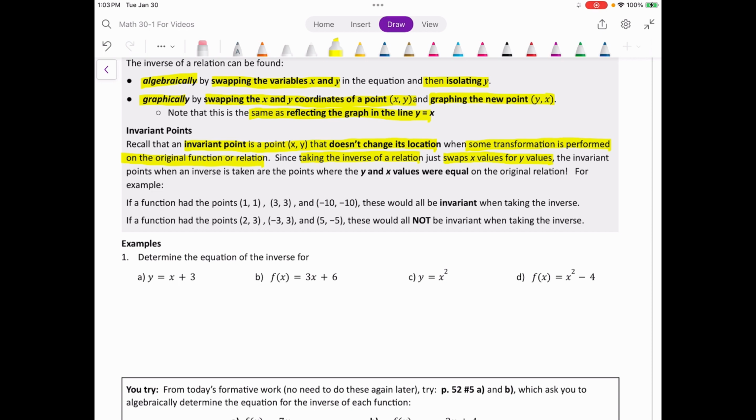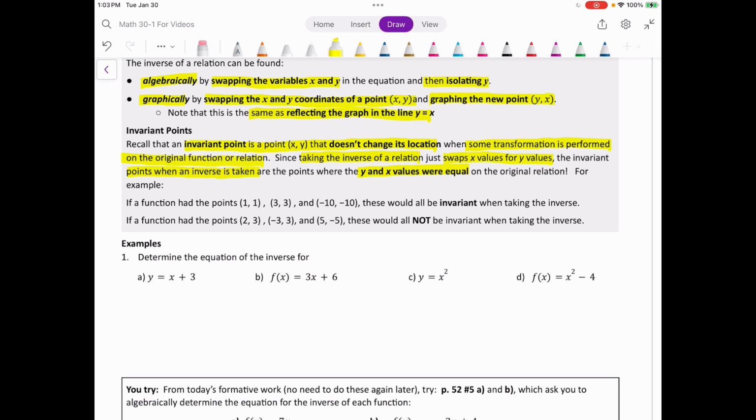Well, if I switch x and y and the point didn't move, that's only possible if x and y were the same thing, right? So the invariant points for taking the inverse of a function are the points where y and x were already the same thing.